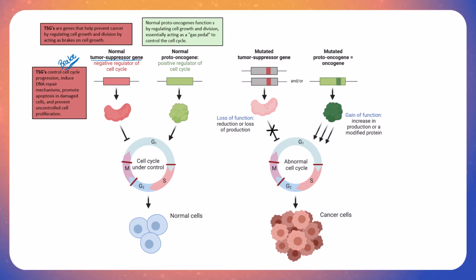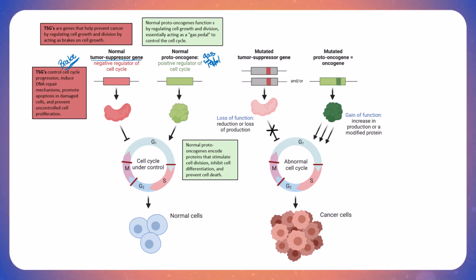Normal proto-oncogenes function by regulating cell growth and division, essentially acting as a gas pedal. So this one is a gas pedal. Notice the brakes are red and the gas pedals are green. Normal proto-oncogenes encode proteins that stimulate cell division, inhibit cell differentiation, and prevent cell death. So as a cell goes through its cell cycle, it's going to be pushing on the gas, which is proto-oncogenes.